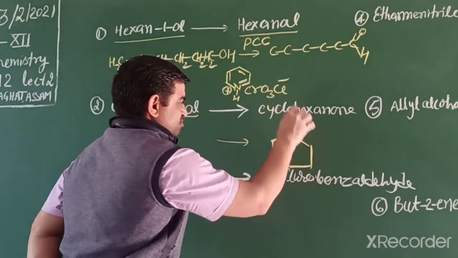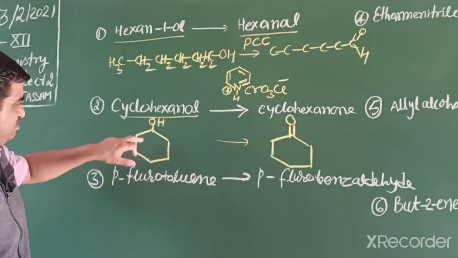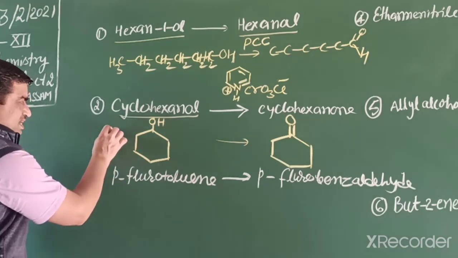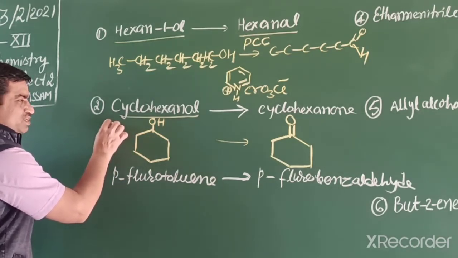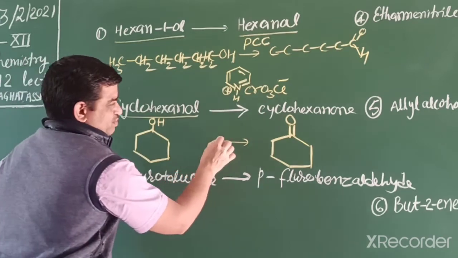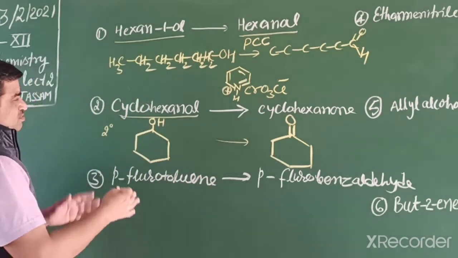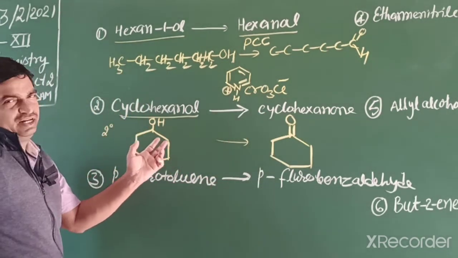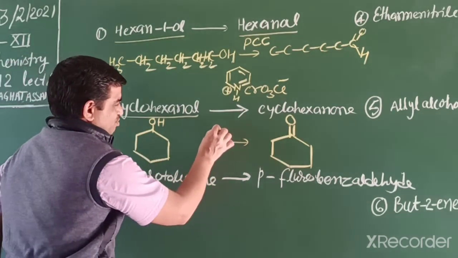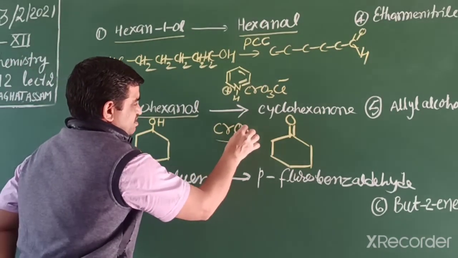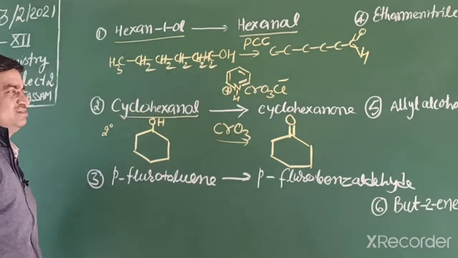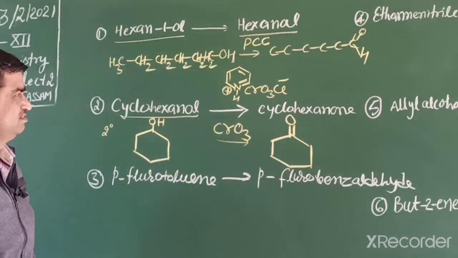This is a secondary alcohol, 2 degree alcohol, and the product is ketone. For oxidation of an alcohol into ketone, we use chromium trioxide, this oxidizing agent.